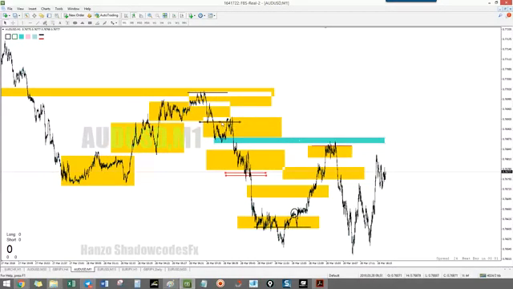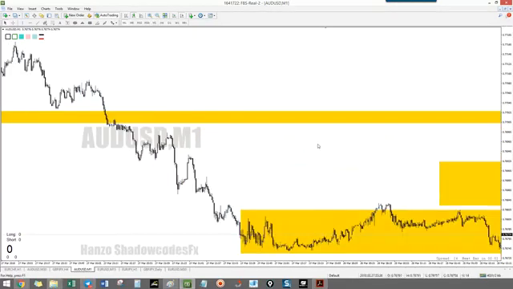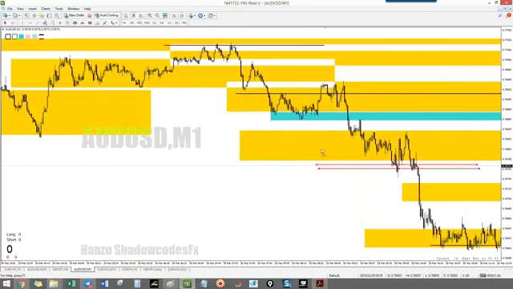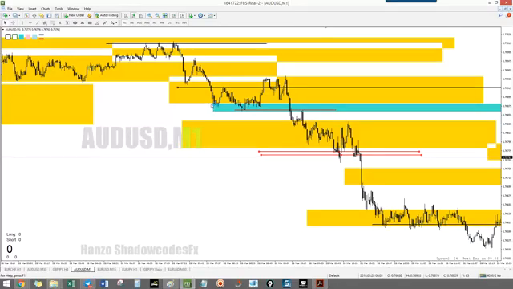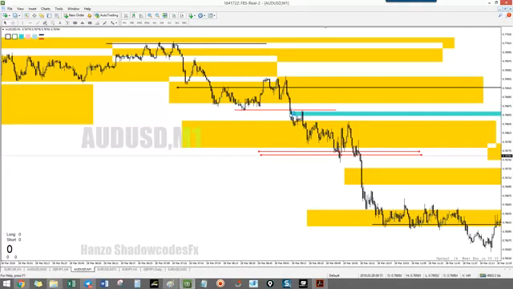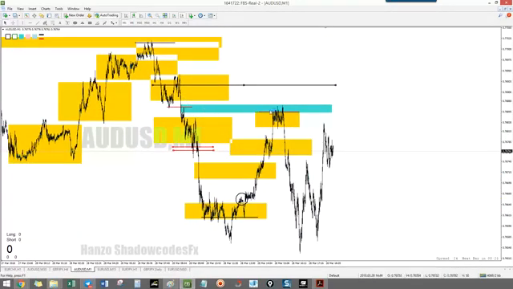This is your QM level, but it rejects on your swap zone. Do we have our SRD here? Yes, we have our SRD. This is our SR decision, which has already been taken, but it's okay. Let's see if it's still respected in the future. It's still respected, the SRD.